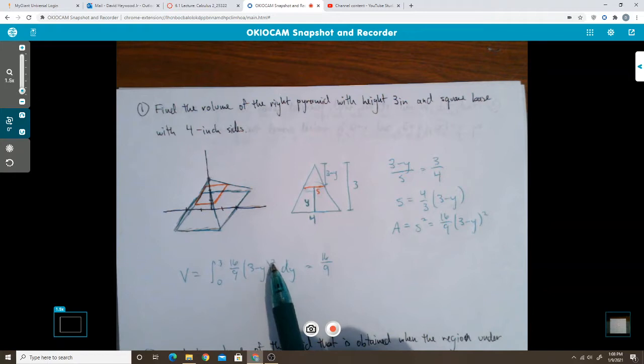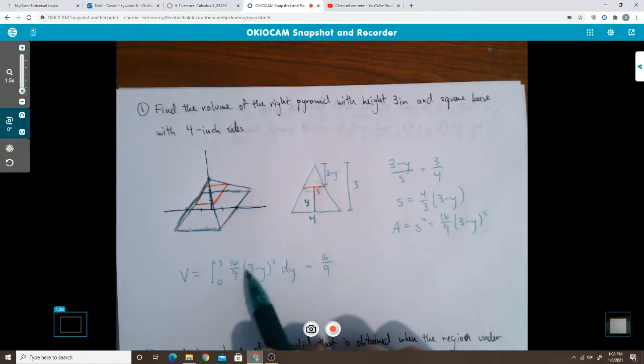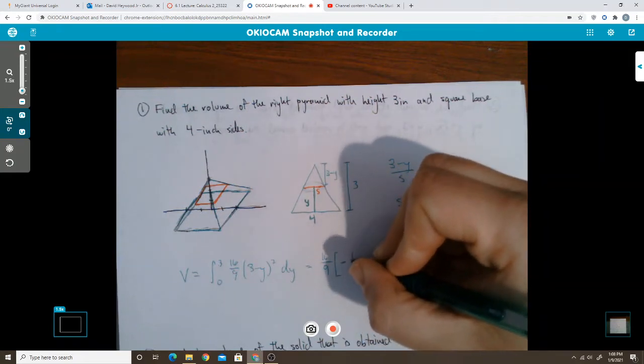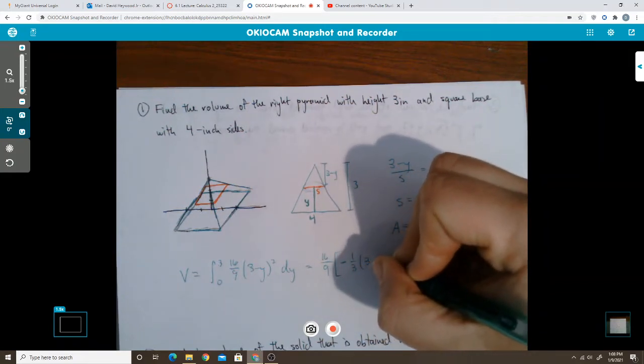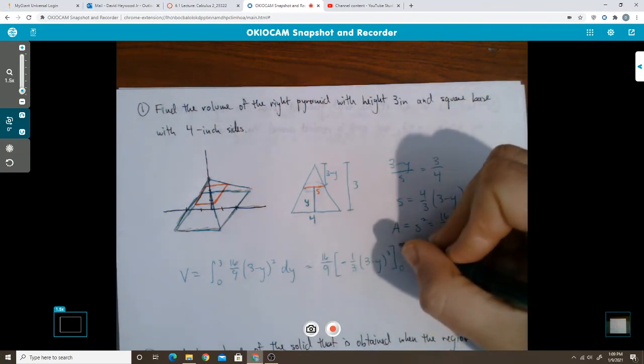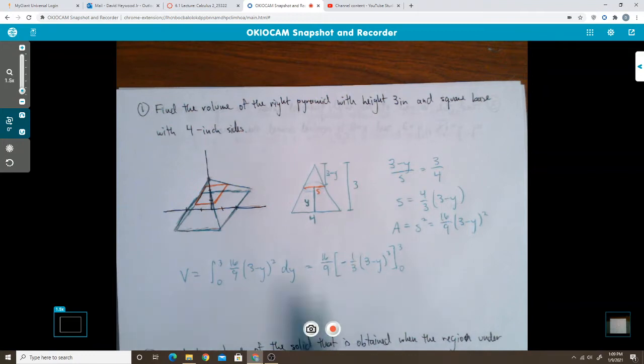If I use the power rule, I'm going to add 1, so I'm going to get 3 minus y cubed, and then I have to multiply that by 1/3. But I also have a negative y in here, so I'll make it negative 1/3. So I think I'm going to make this negative 1/3 times 3 minus y cubed, evaluated from 0 to 3. Does that work?